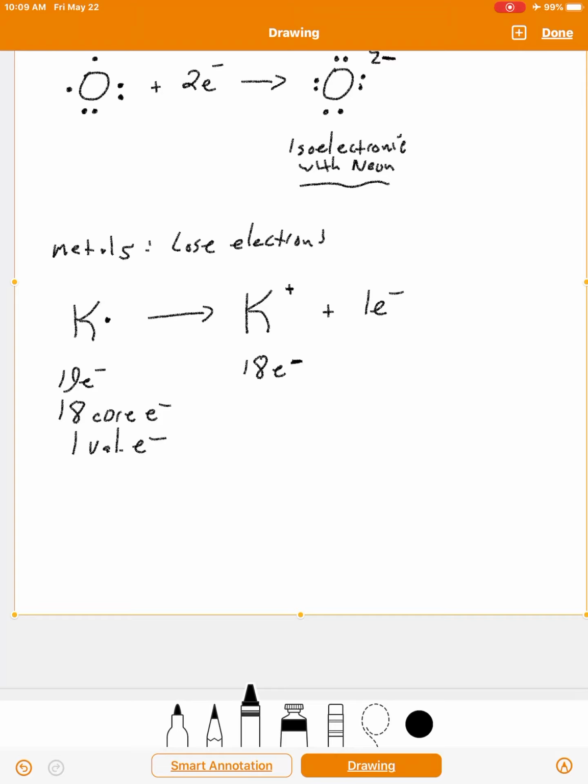So now the potassium ion only has 18 electrons. They're all core electrons. It has become isoelectronic with element number 18, which is argon. Argon has 18 electrons, right?